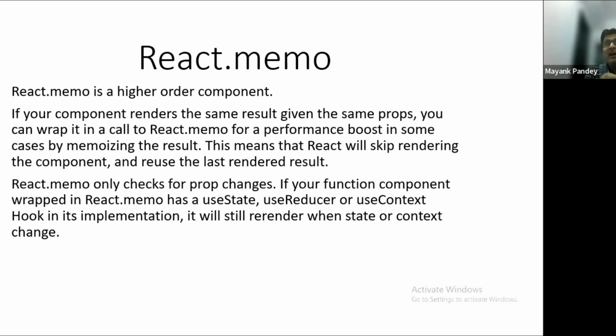Let's say we have a layout and there is a component known as navbar, maybe left navbar or top navbar. Whatever we have in that component, most of the time it will not get any updated properties when we are doing something inside the page component.